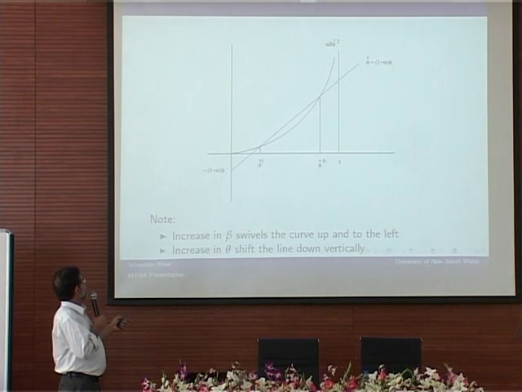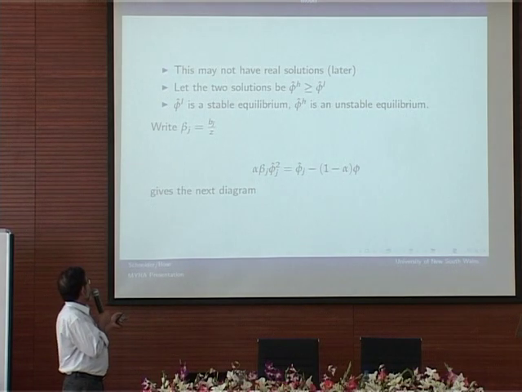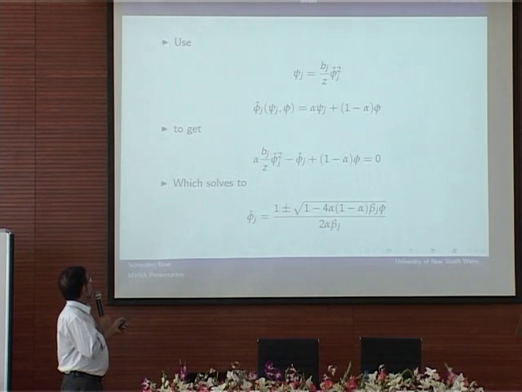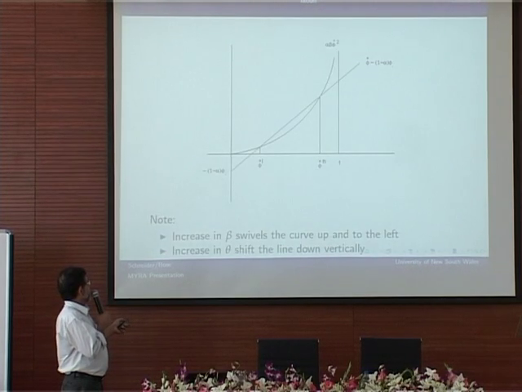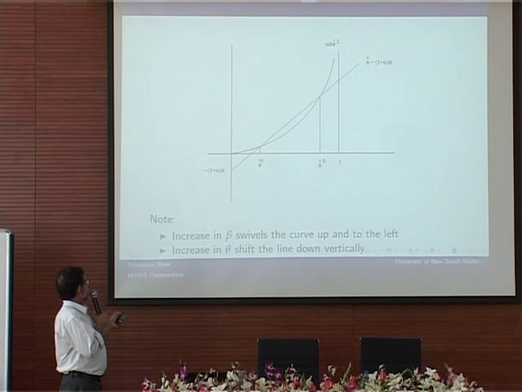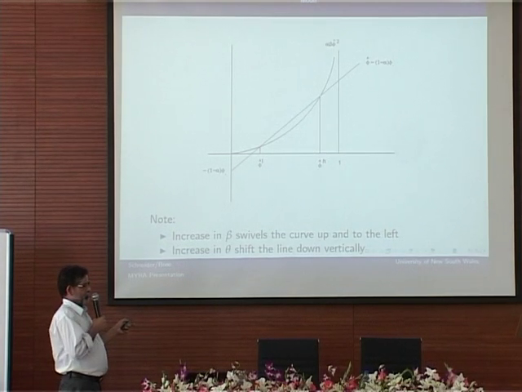Our quadratic, I've broken up. That's the main equation that defines the solution of phi hats for a given phi. I've broken it up into two curves. So there are two possible equilibria, phi hat L and phi hat H.